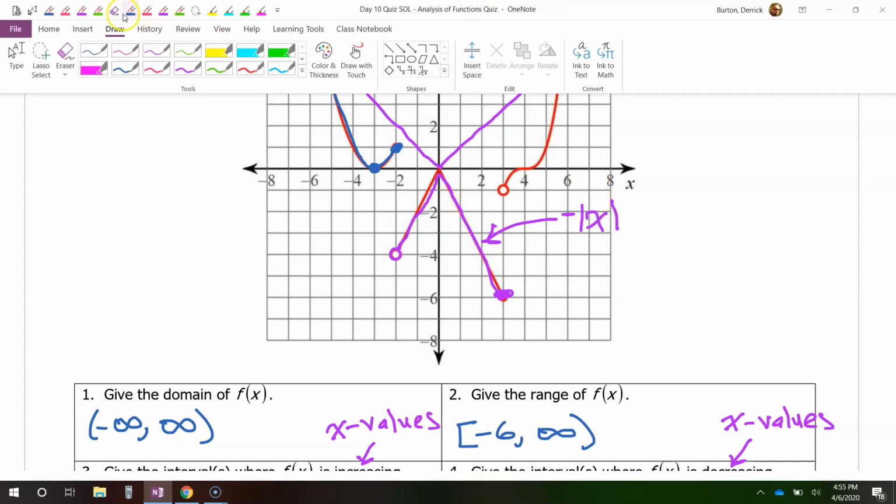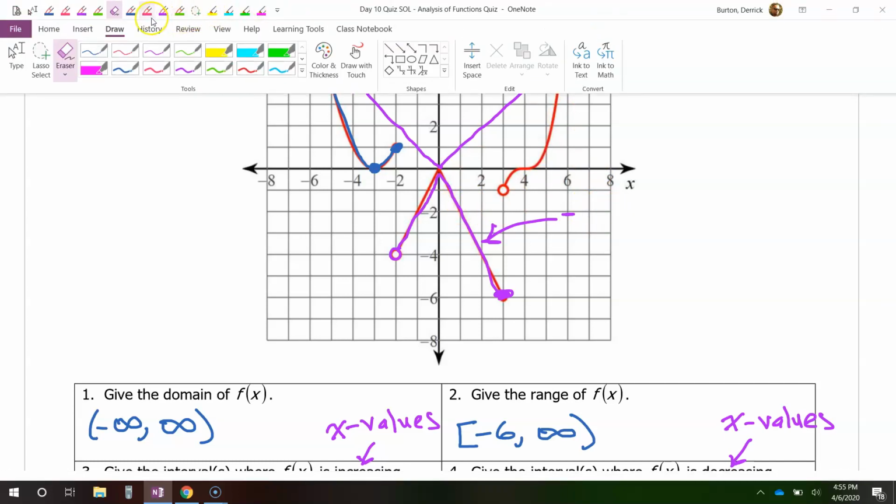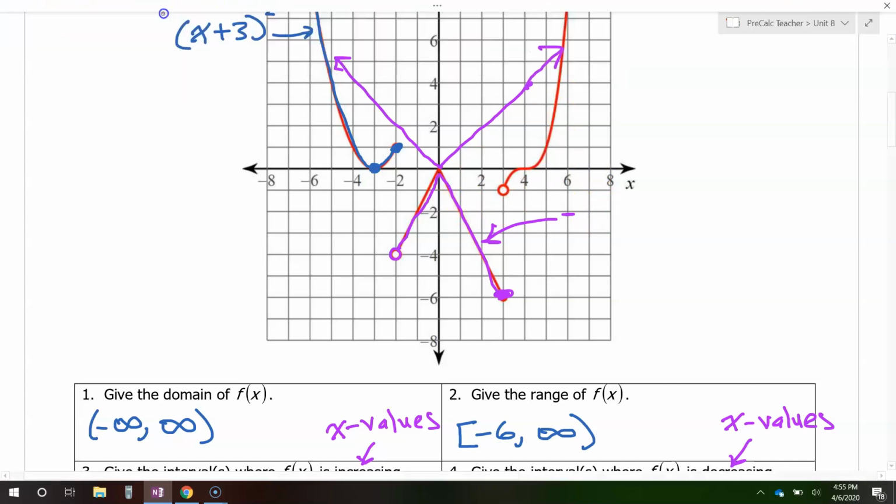So that's why, in addition to having a negative sign, I'm going to need a 2 in there. So it's really -2 absolute value of x. Okay, because of the slope. All right, so that's it. This is the function of which this is a piece.